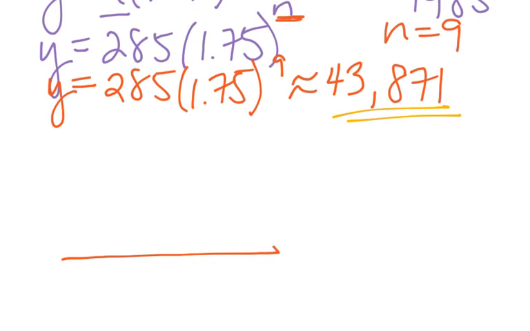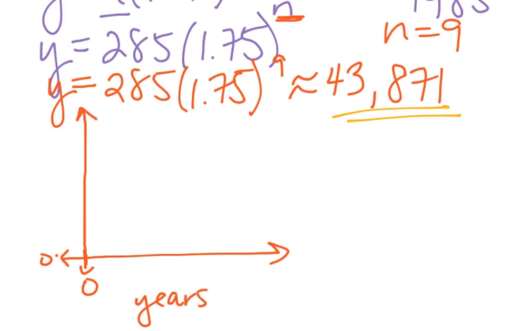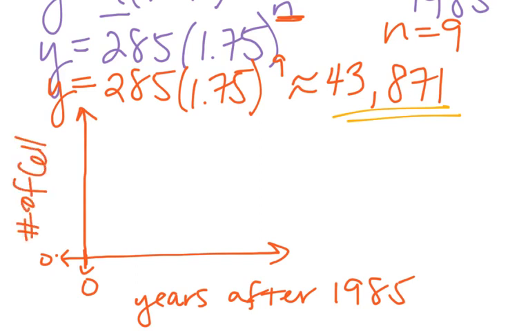We're not going to have negative years, so we can just stick to positive years. Our y value is the number of cell phone users. Well, you can't have negative cell phone users, so our y values are also going to be positive. So this is years after 1985, and we always want to clearly label our axes. The y-axis was number of cell phone users.